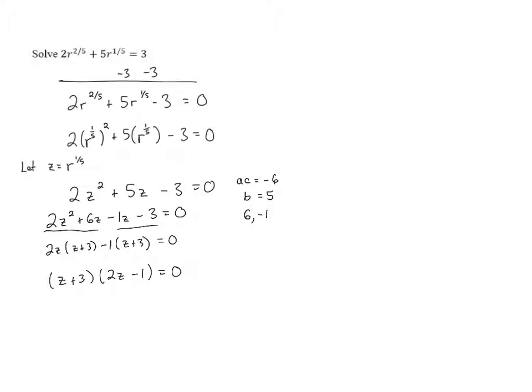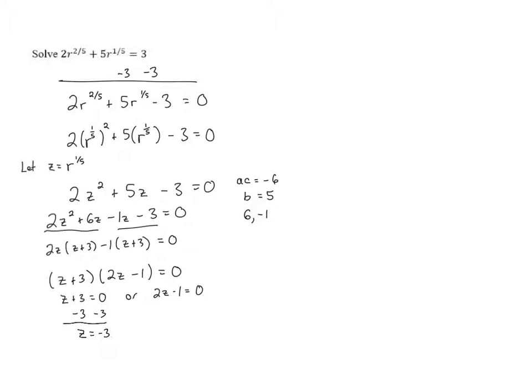We can use the zero factor property now to set each of those equal to 0 and solve. So we have z plus 3 equals 0, or 2z minus 1 equals 0. If we solve these, we end up with z equals -3.